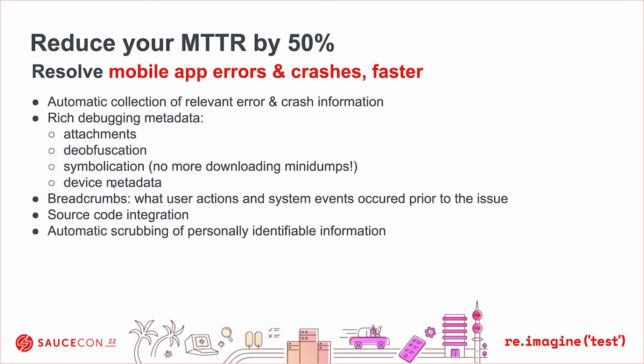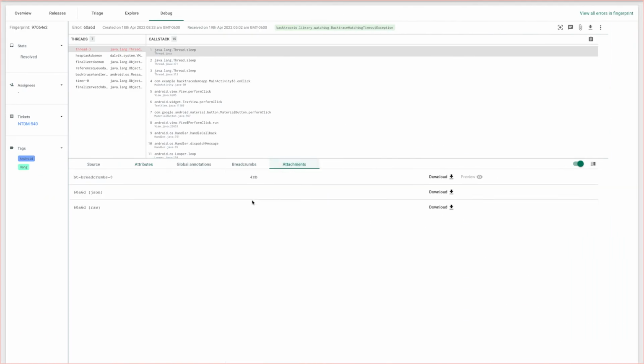So let's take a look at attachments, deobfuscation, and symbolication metadata we've touched upon. Attachments, you can attach whatever you want. We noticed when we went through those videos on how to embed the SDKs that you can, at various stages, attach attachments globally for every error, but also for individual errors. These attachments show up right here in Backtrace.